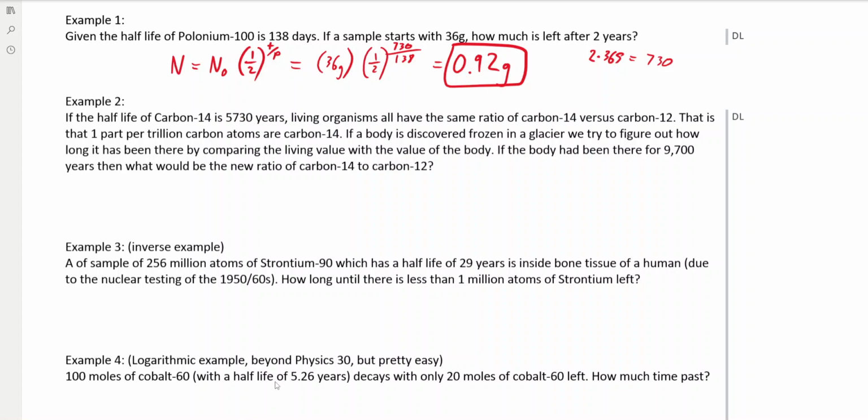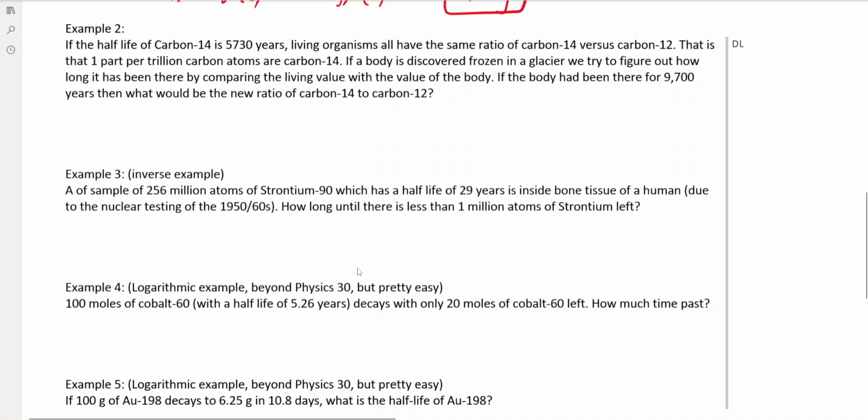Okay, again, pause the video, try the next example yourself, and see if you get the same answer I do. Okay, all living organisms have the same ratio of carbon-14 versus carbon-12 because we replenish it from living organisms like plants and animals.